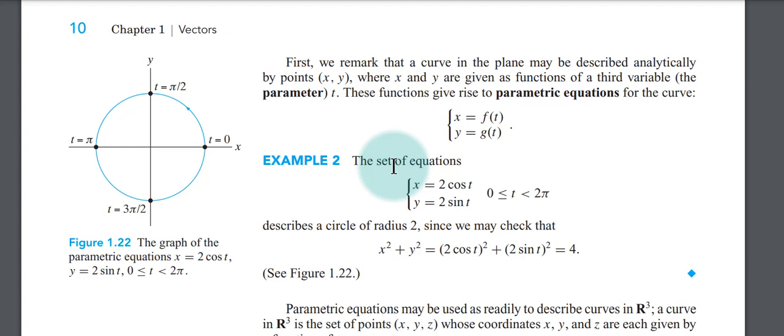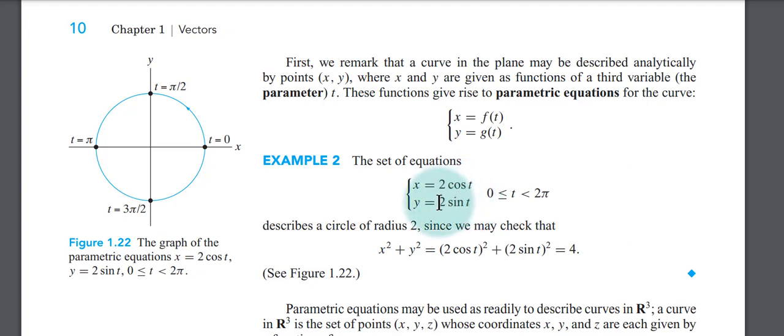So let's just go through it. My example was much simpler, but here they're saying, suppose x is this function of t and y is this function of t. Well, who knows what these look like, right? We don't really know what they look like. But nonetheless, this is a function of t, obviously, it has a t in it. And this is a function of t, it obviously has a t in it.